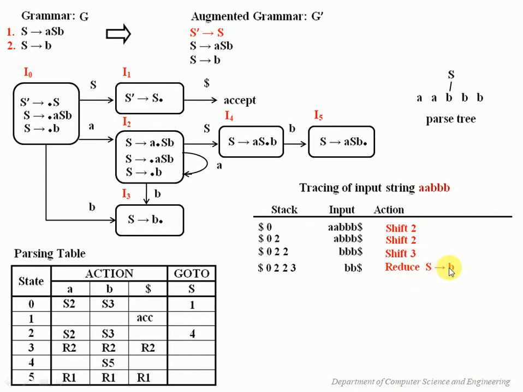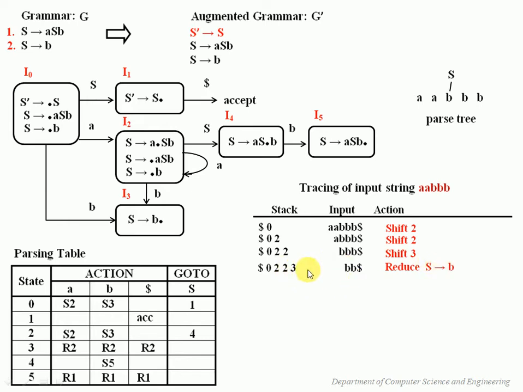Okay, so here let us come to this point where you have this production for reduction. Let us check how many symbols are there on the right hand side. There is only one symbol. So you have to take the length of those symbols. How many symbols are there? Those many states have to be popped off the stack. So here we have only one symbol, so one state from the stack has to be popped off. So that is 3 has to be popped off.